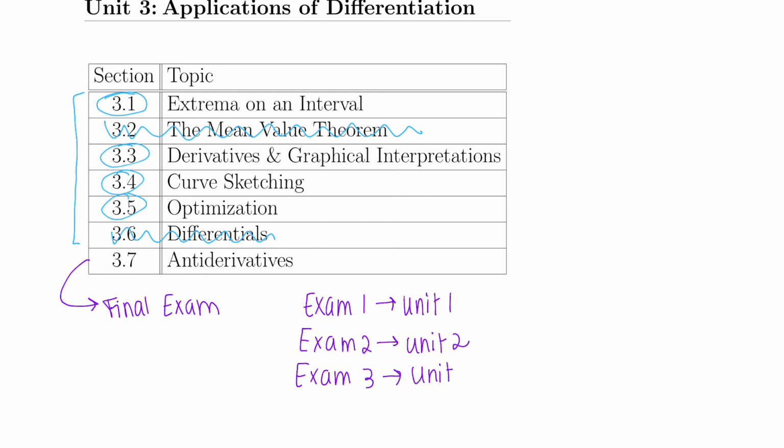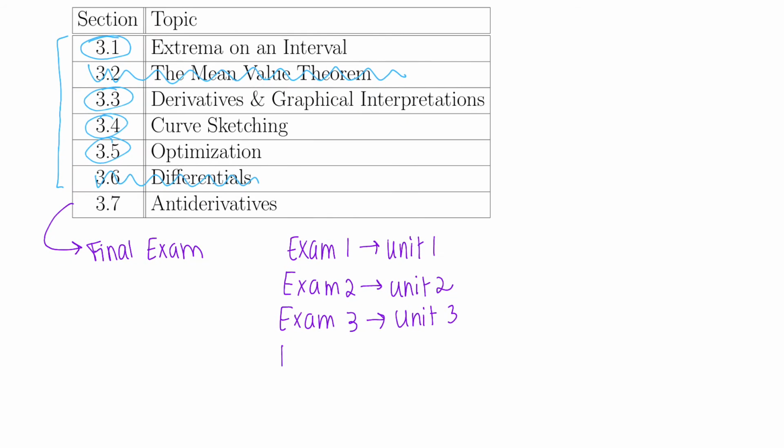And then the final exam is comprehensive. About half of the material is going to be from Units 1, 2, and 3, and the other half will be from Unit 4, so it'll be more heavily weighted towards the Unit 4 material.